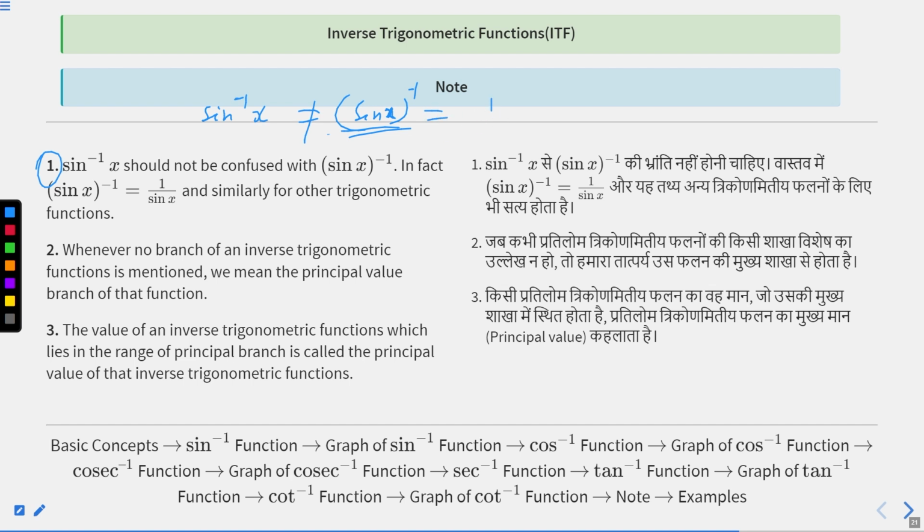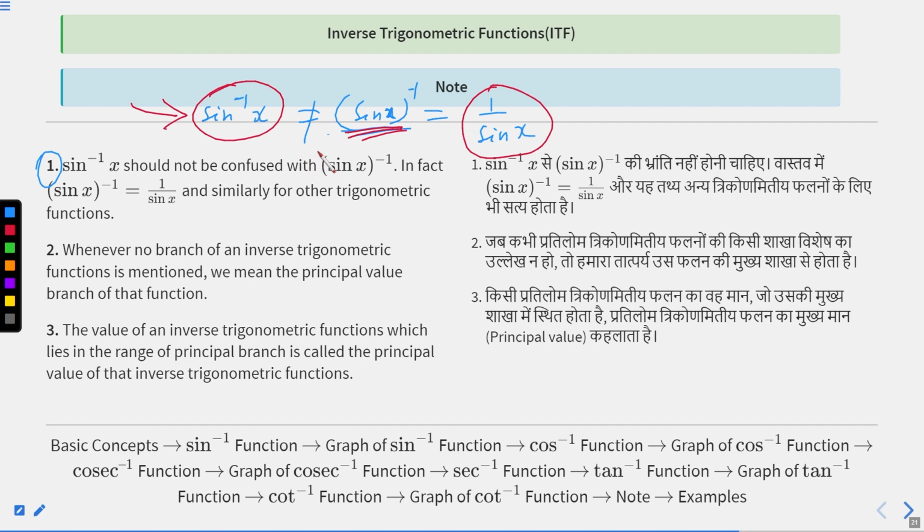So this is not equal. Okay, this means the inverse of the sine function, but this means sine x whole inverse, just the reciprocal of sine x. Okay, so don't confuse it. I hope that it is clear to you.